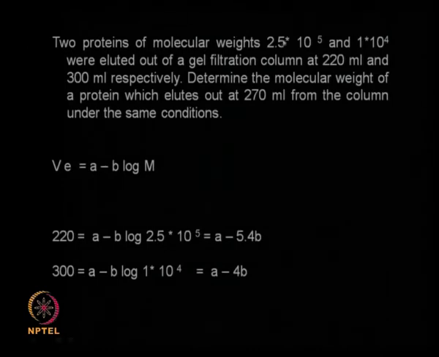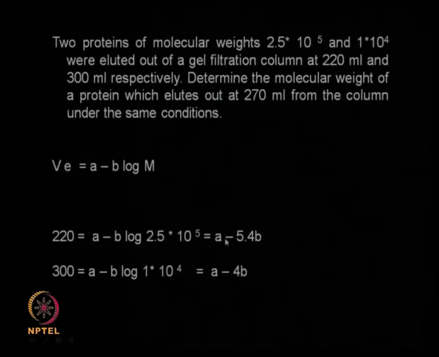So we have one equation: molecular weight of 2.5 into 10 power 5, elution volume is 220; another equation: molecular weight of 1 into 10 power 4, elution volume is 300. So you substitute them, so you have two equations, two unknowns, A and B. B is the slope, A is the intercept.